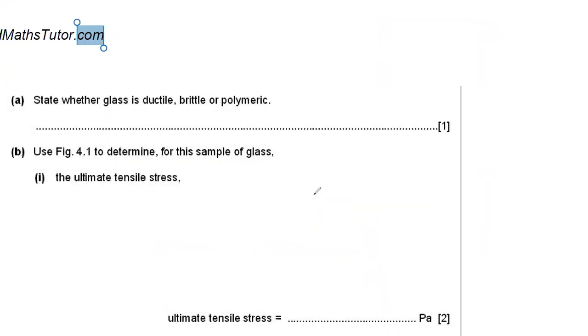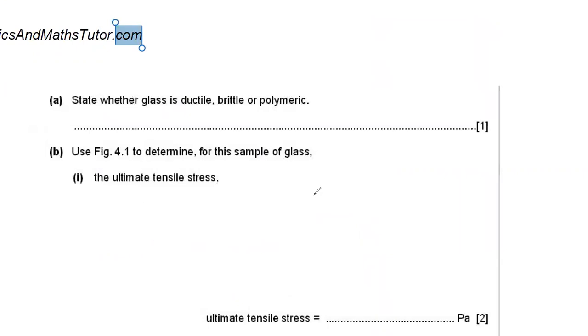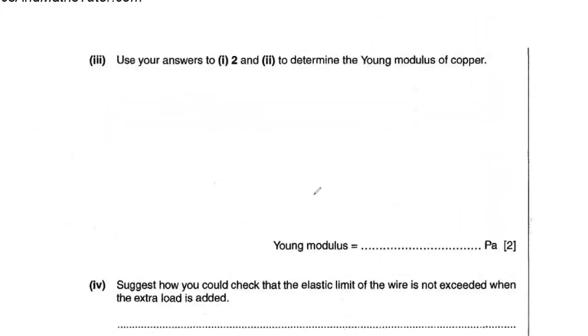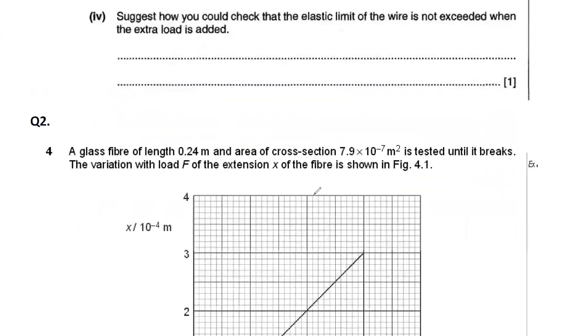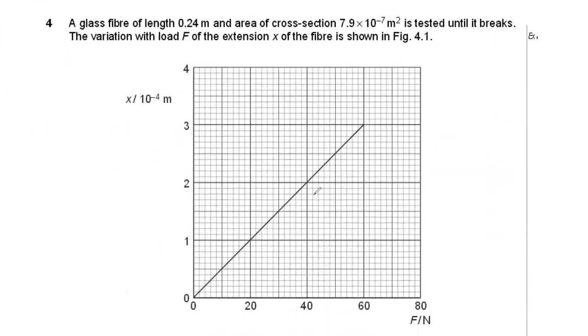You just calculated the stress, right? Ultimate tensile strength, you just solved for it. And now you have to find your Young modulus. You have the stress, you actually have to calculate your strain. Miss, did they mention the area? Oh, yeah, they did.